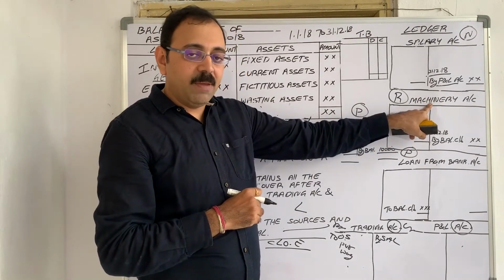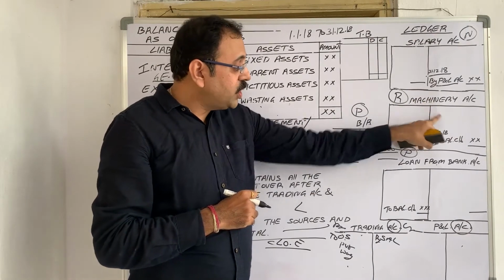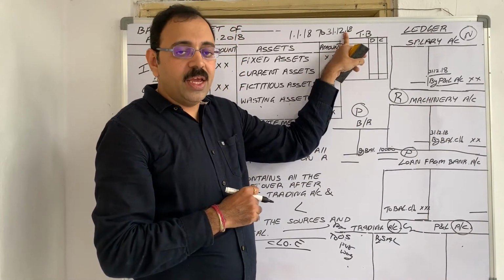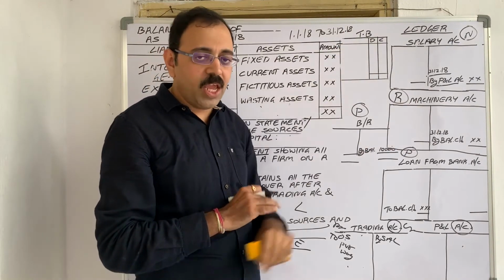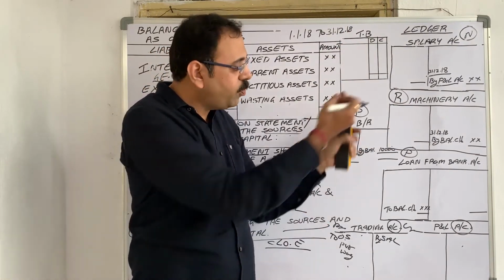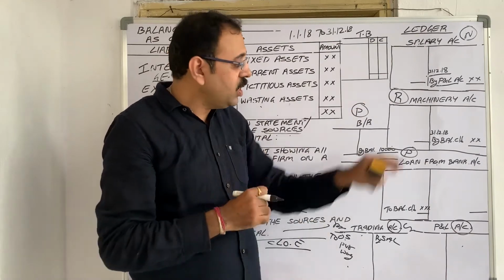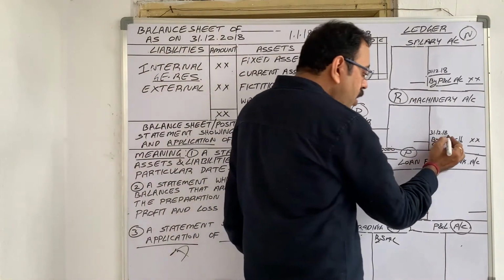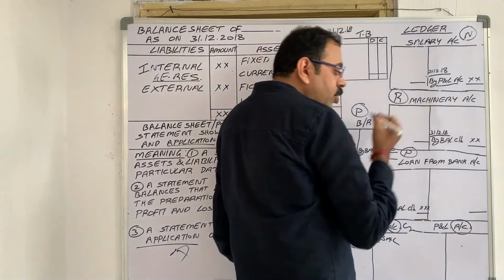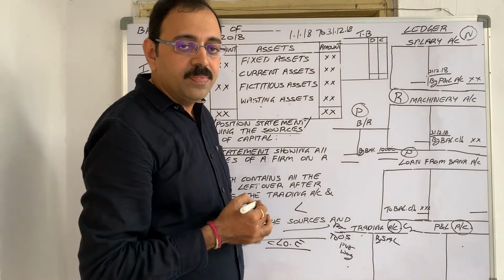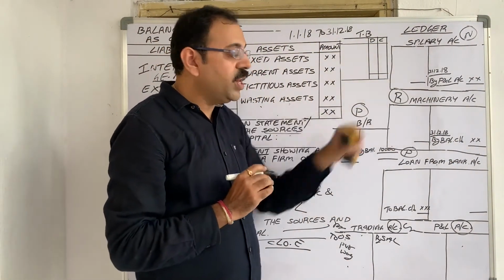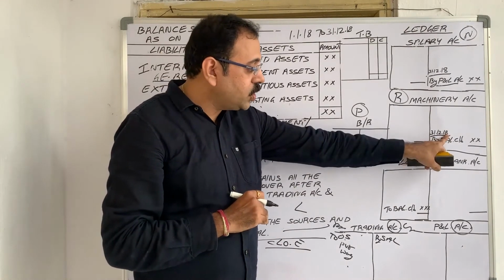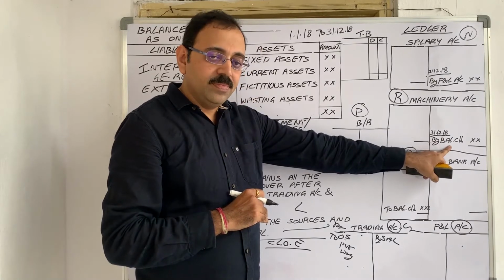Suppose take machinery. Whenever we purchase a machine during this 2018 year, we post that in the machinery account. Sales we post here. Depreciation we post here. And assume that on 31st December 2018, we are closing this machinery account. Then we don't transfer this balance to the balance sheet.